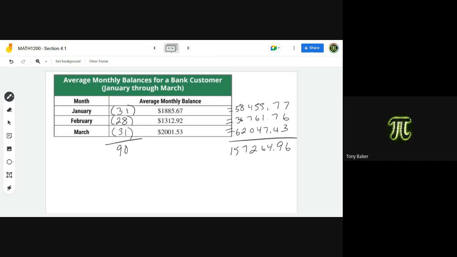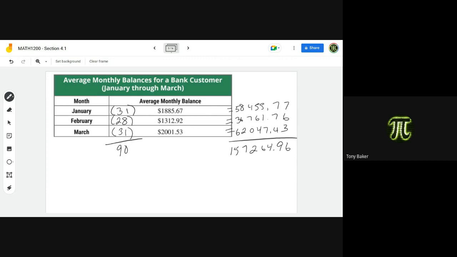In this situation, the weight is the number of days in those months. So in a weighted mean, each individual thing has a weight that you multiply it by before we can find the average, because some are worth more than others. Does that make more sense? All right. Now one more step.